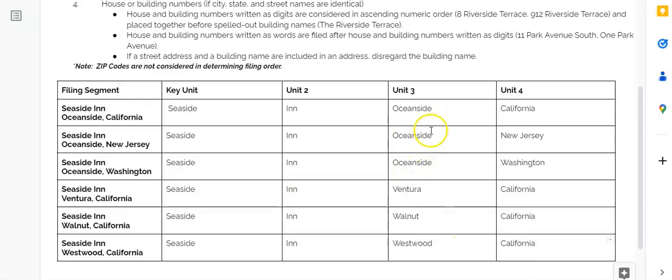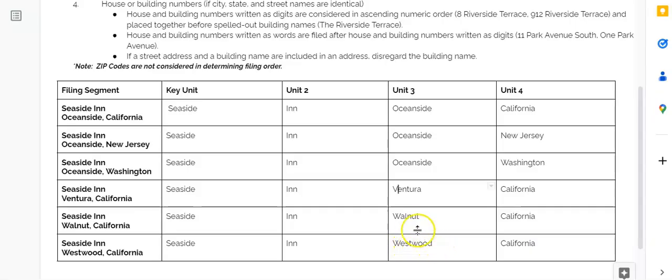Okay, and these examples happen to already be in order, where we have the key units and unit 2s all match up. And for unit 3, to figure out the filing order, we would look at the first letter in unit 3. So here the O in Oceanside would be filed before the V in Ventura and the W in Walnut and Westwood.